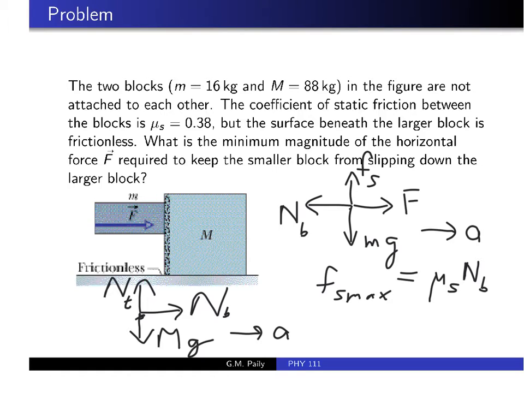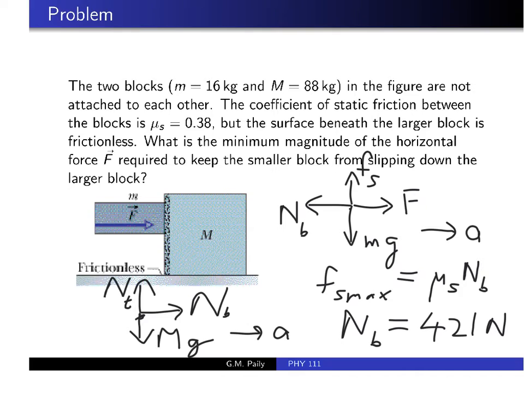Solving, we get NB will be 160 newtons divided by 0.38, which gives us 421 newtons. So now we know that both these NBs have a magnitude of 421 newtons. However, we want to find this force F.